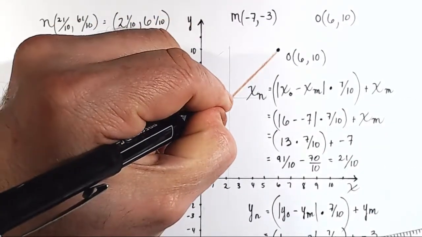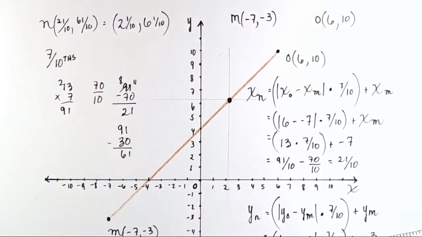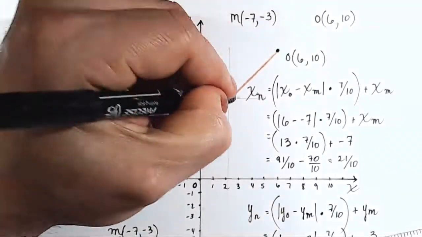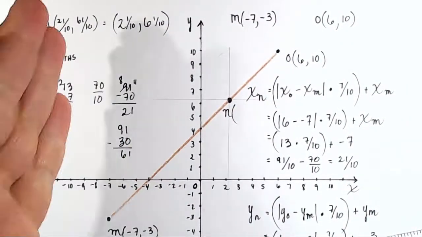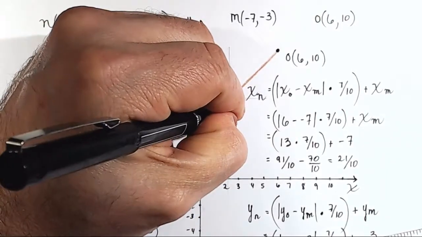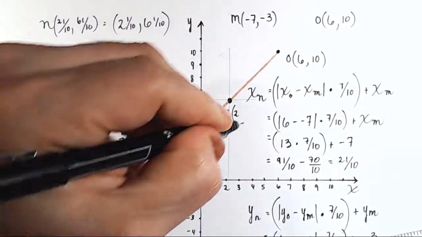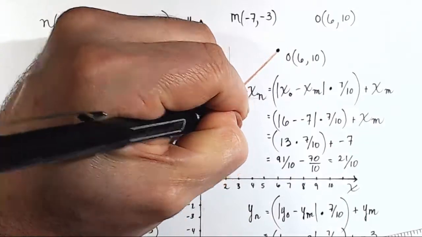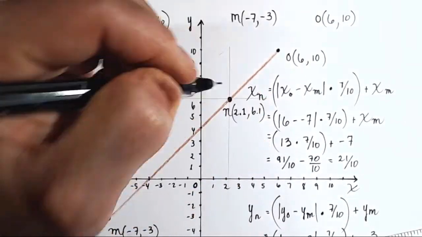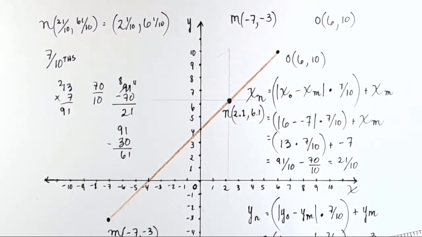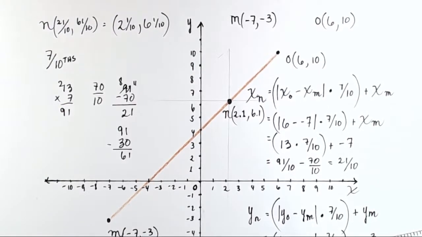So according to the math, point n should lay right there, at 21 tenths, 61 tenths, or 2 and a tenth, to be like 2.1, 6.1. Okay? So that is fractional distance in 2 dimensions.